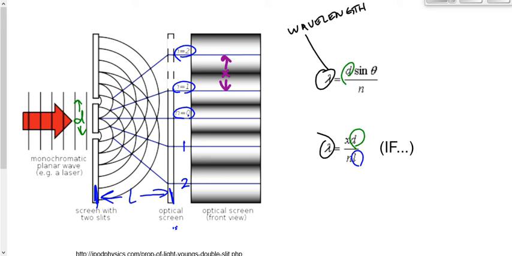But X can also be this distance right here. Or X can also be this distance right here. X can be from any maximum or any bright spot or any antinode, whatever you want to call it, or minimum to any other maximum or minimum. In other words, it can be whatever is convenient for us.